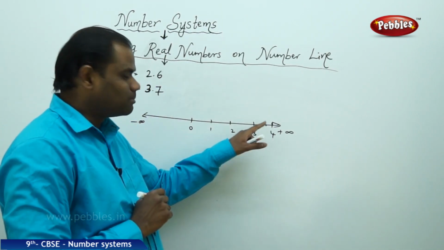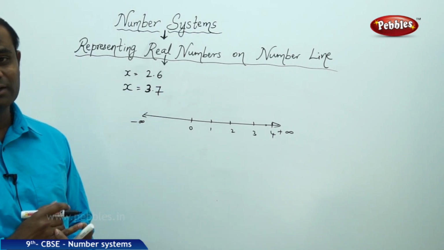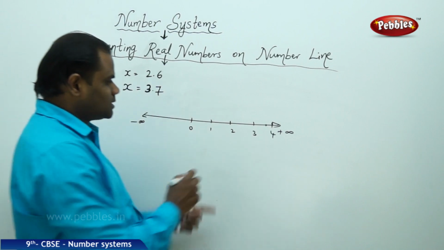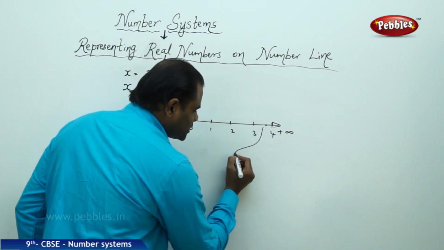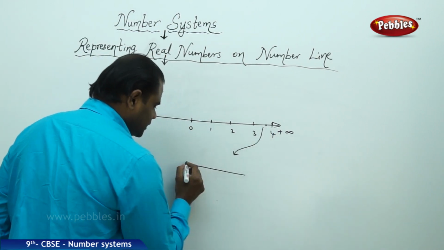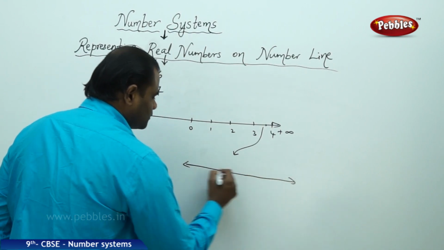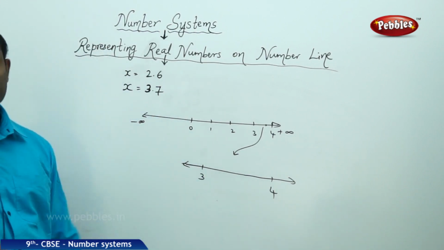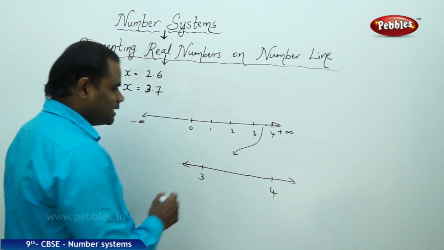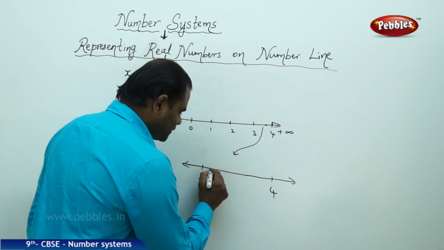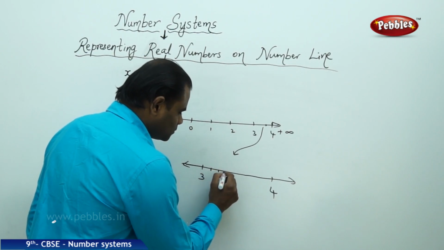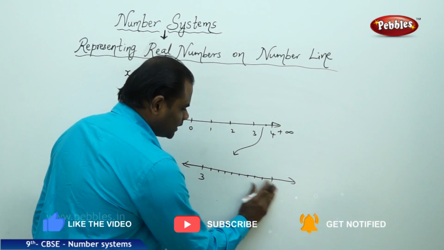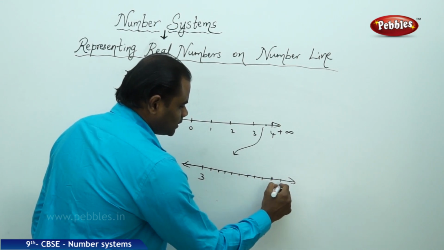So how do we get this to be approximately on the right side is how we're going to discuss in the number line. So this representation of 3.7 is just because if I take a second number line which is extended, which is zoomed out, for between 3 and 4, I see that between 3 and 4 I have 10 different scales: 1, 2, 3, 4, 5, 6, 7, 8, 9 and 10.